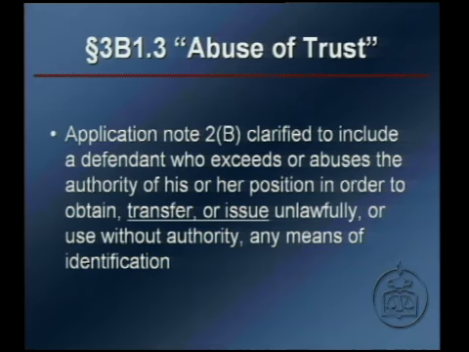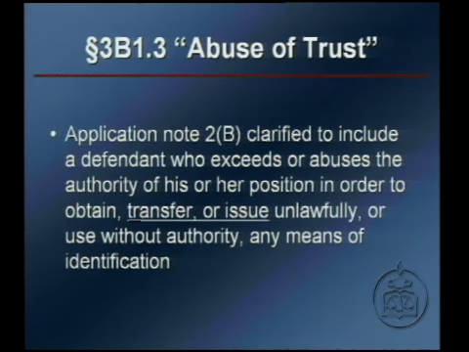Finally, as part of this identity theft amendments package, the Chapter 3 adjustment for abuse of position of trust or use of a special skill, which is found at 3B1.3, was modified specifically at Application Note 2B.